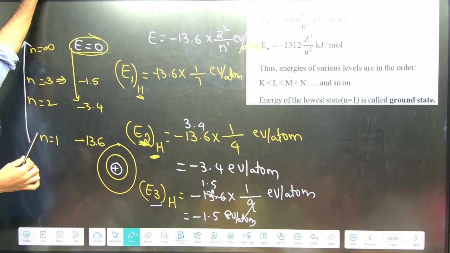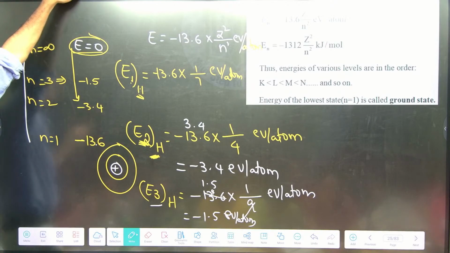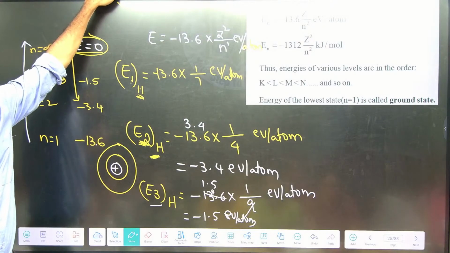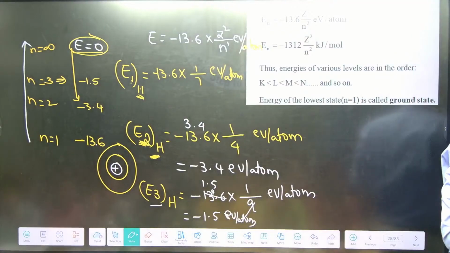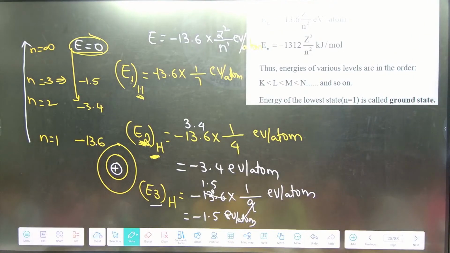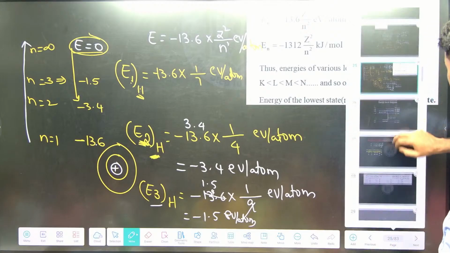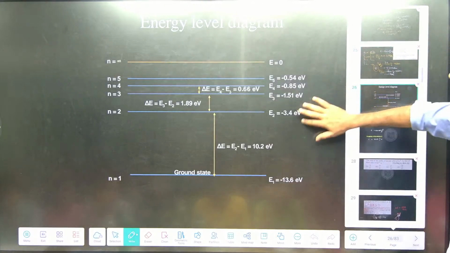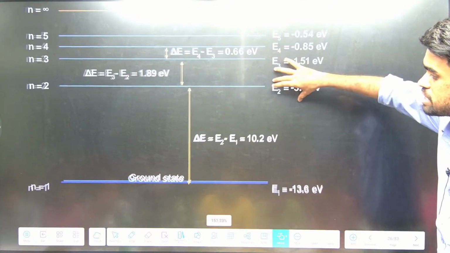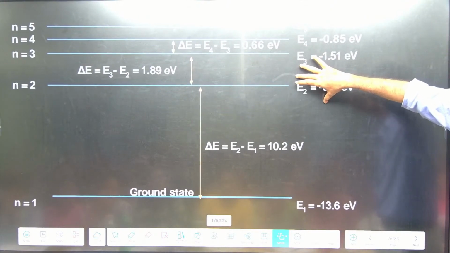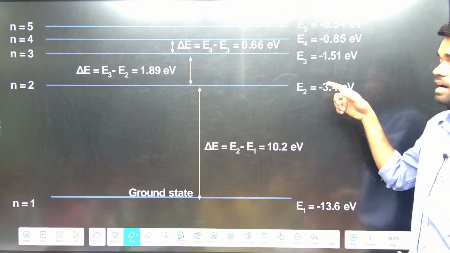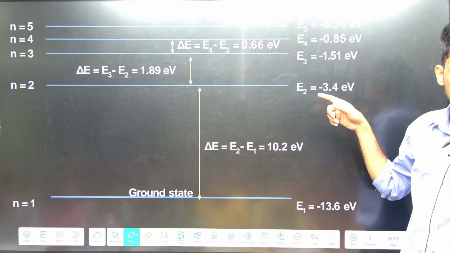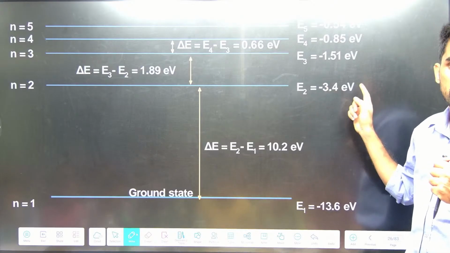Is this clear, everyone? Okay, so what is the formula to be remembered here? Yeah, next. So you got the energy values now. What is the ground state energy we got for hydrogen atom? Minus 13.6. Now the second state, how much did you get? n equals 2, minus 3.4.